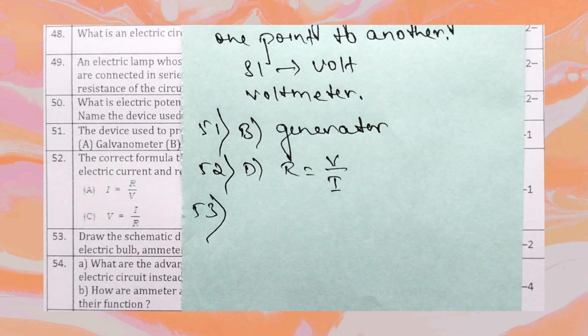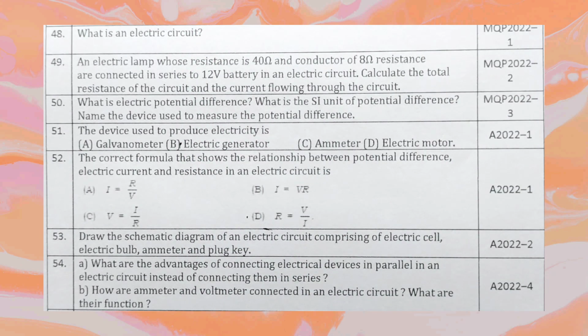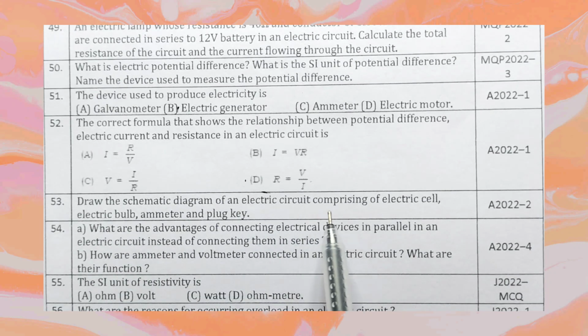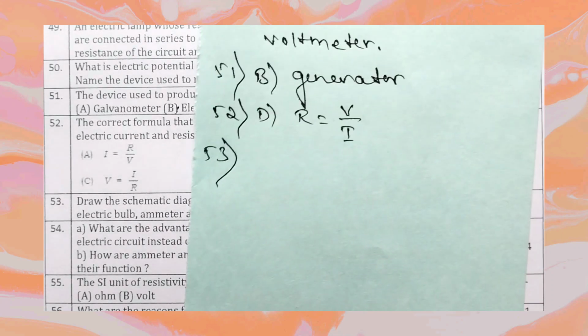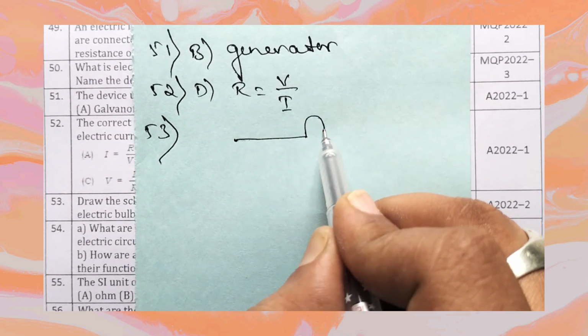Now let us move to the 53rd question. Draw the schematic diagram of an electric circuit comprising an electric cell, electric bulb, ammeter and plug key. So the electric cell, electric bulb, ammeter, plug key, that is all it should have. Let us draw a simple circuit.